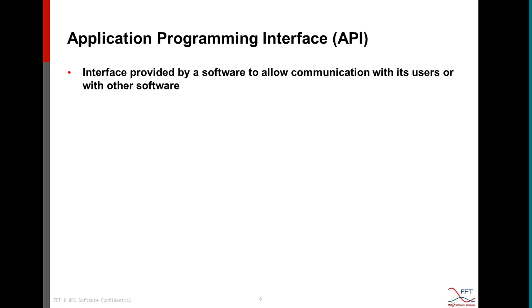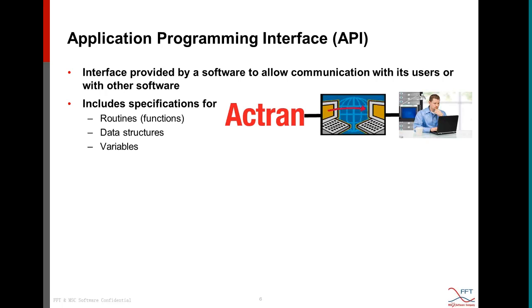And it includes the specification of different actions that can be taken by the user, and the structure of the data that can be accessed. So the entire API structure actually defines in total what can be done and what can be requested within the Actran environment.